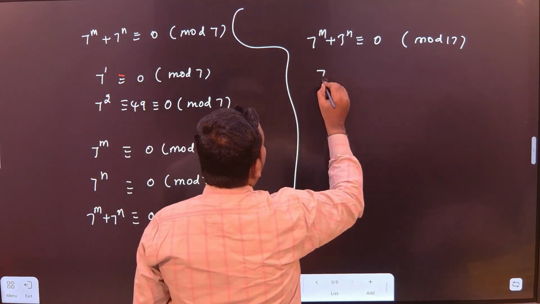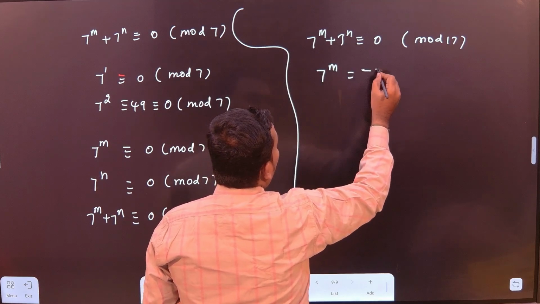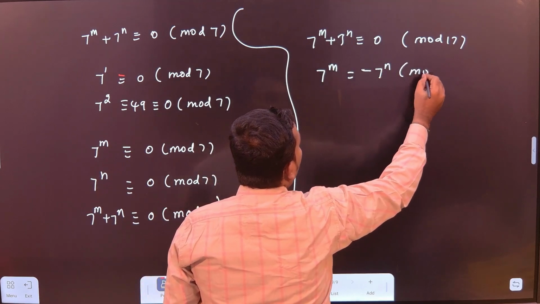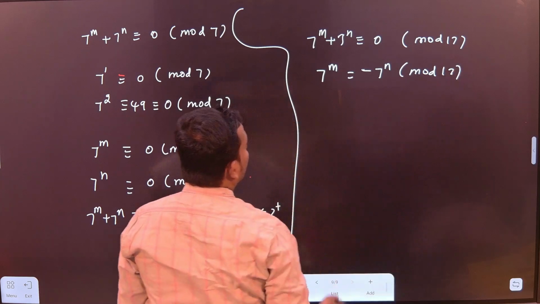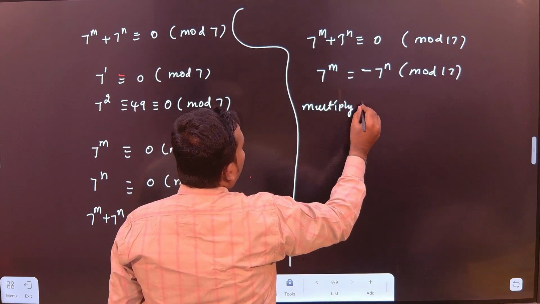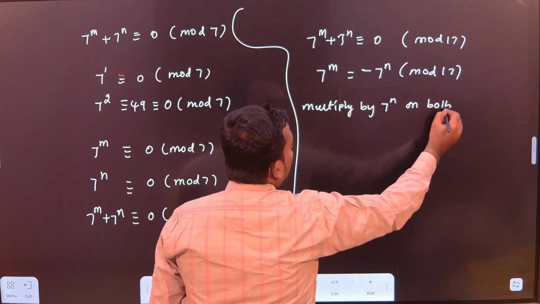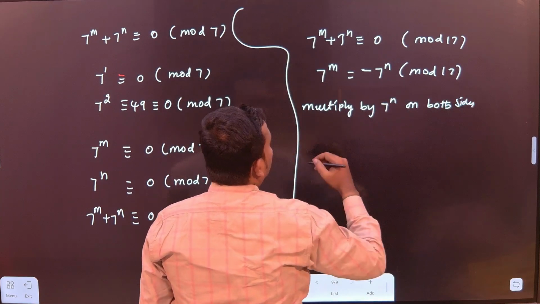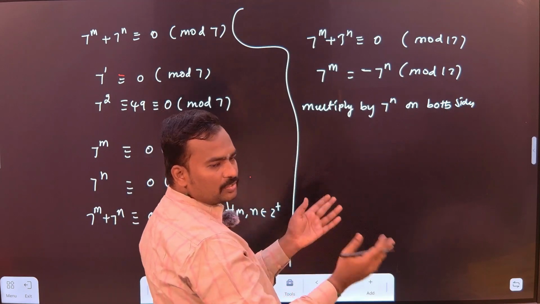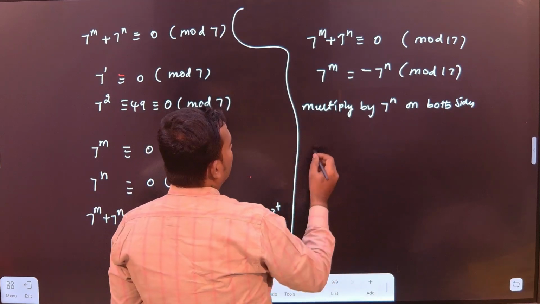But when you write it like this, 7 power m you can send to the right side, minus 7 power n modulo 17. Now you can multiply by 7 power n on both sides. So if you multiply by some positive integer, there is no change in the congruence, right?